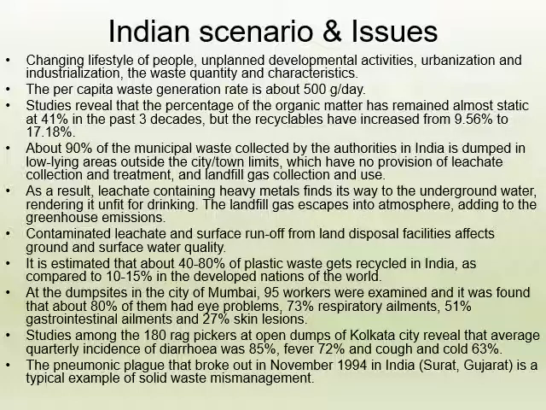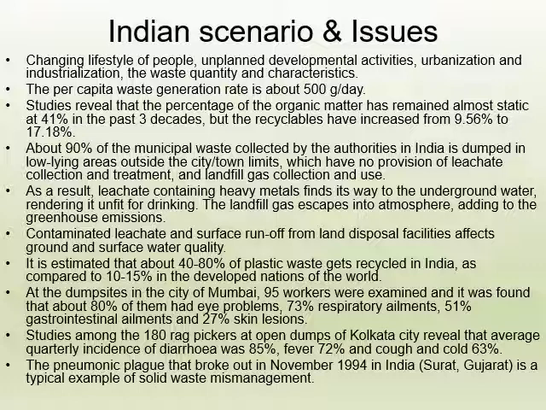Some issues have been discussed here, like the changing lifestyle of people, unplanned development activities, urbanization, and industrialization. The waste quantity and characteristics are of different types. These are the main causes of the critical problem in Indian cities and towns.